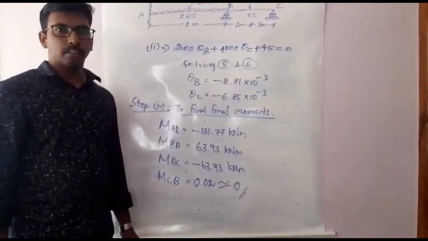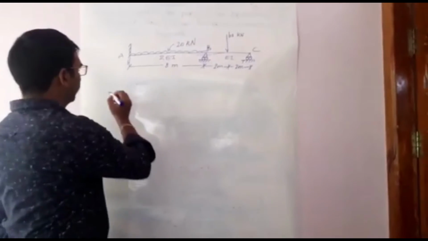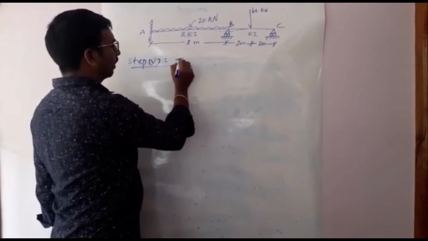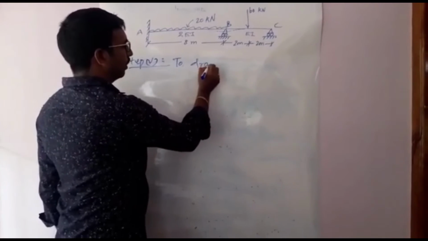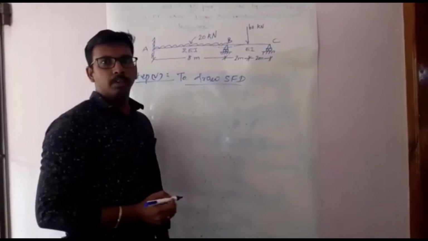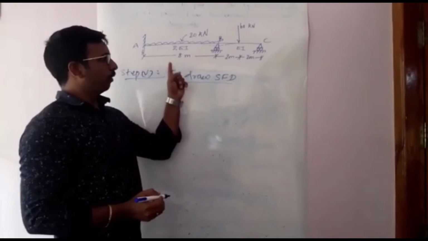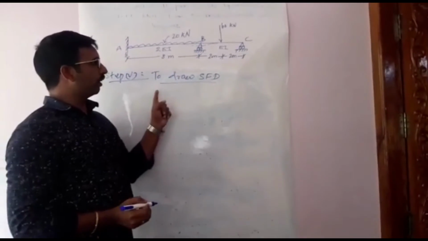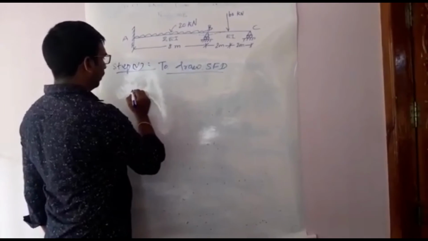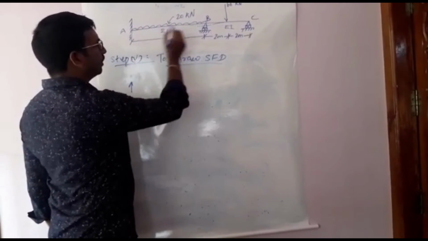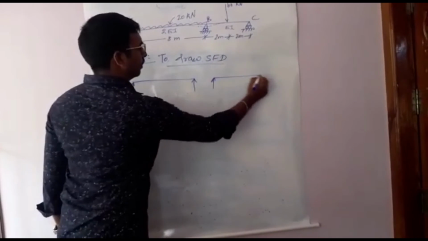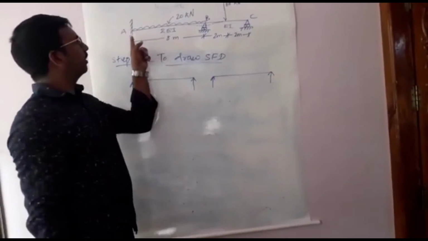Okay, listen students. Then step 5 is what? To draw the shear force diagram. So you have to split this beam ABC into AB and BC. No need to consider the fixed support.